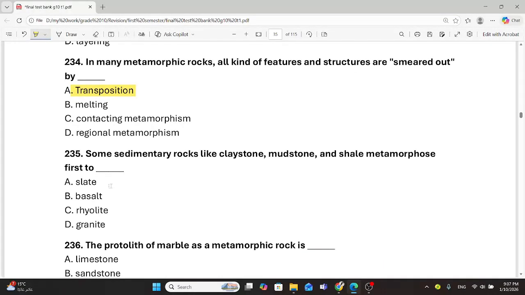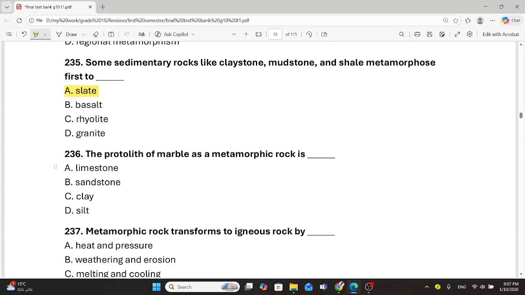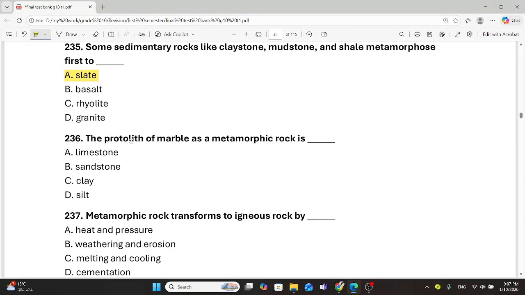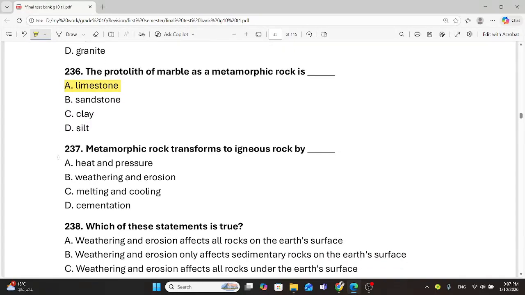Some sedimentary rocks like claystone, mudstone, and shale metamorphose first to slate. The protolith of marble as a metamorphic rock is limestone. Metamorphic rock transforms to igneous rock by melting and cooling.